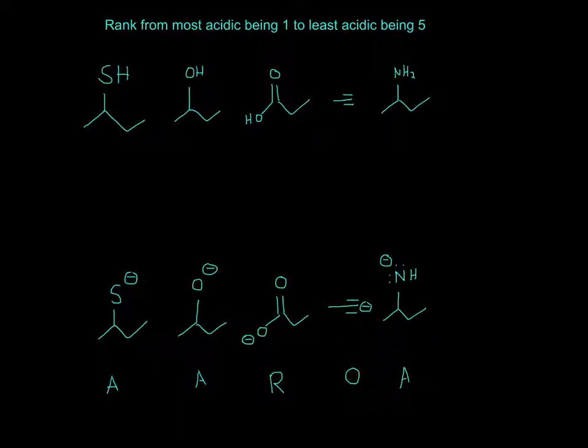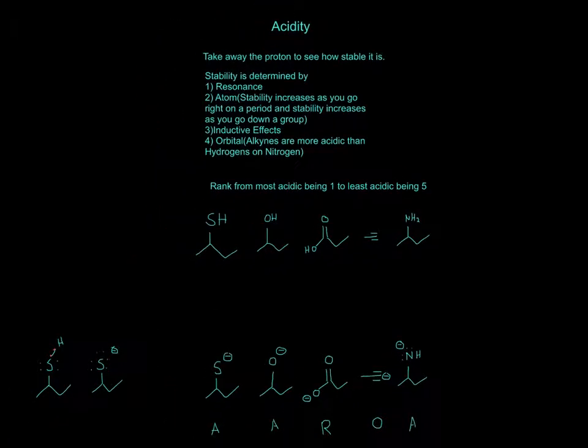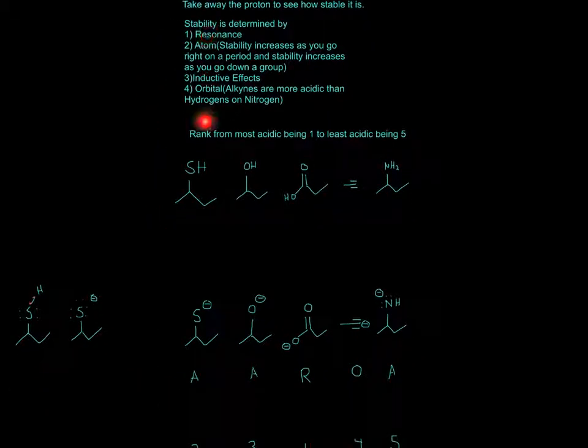And so this list is actually in order of the most important to least important. So it goes 1, 2, 3, 4. The most important is resonance. Resonance will beat all of these. Resonance beats atoms and orbital effects. So this one will be number 1. Now what do we look at? We look at atom, so we look at these three.